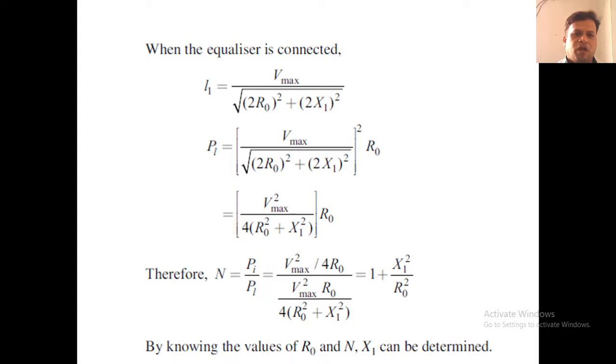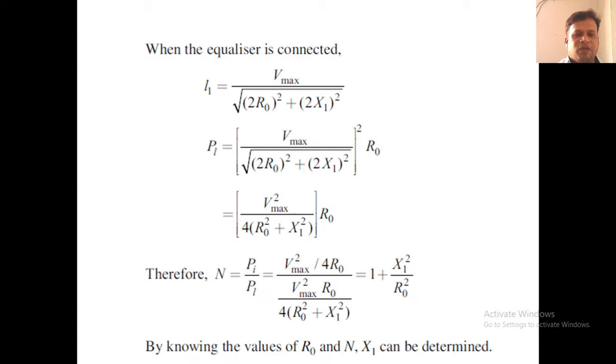We have the formula P is equal to I square R0, so instead of I we write this equation. After simplification we get V square max by 4 into (R0 square plus x1 square) into R0.